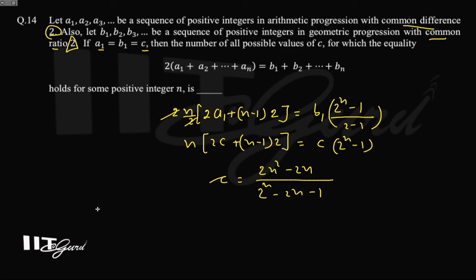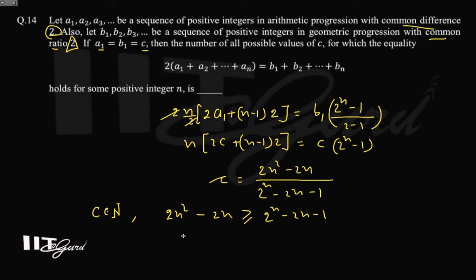So C belongs to the natural numbers, and in this way we say 2n square, cross multiply, 2n square minus 2n. So this should be greater or equal to 2 to the power n minus 2n minus 1.